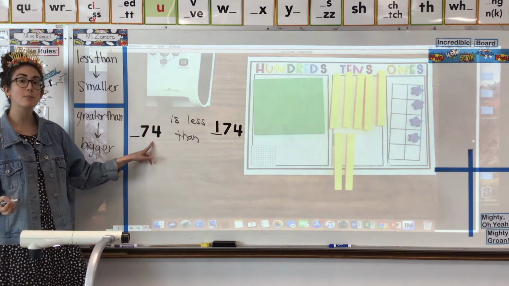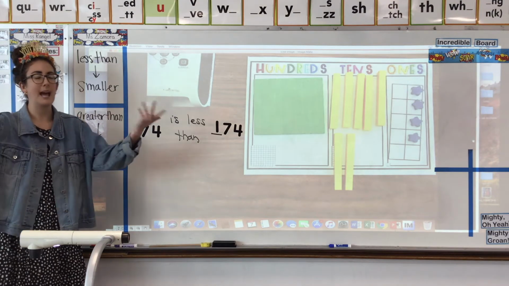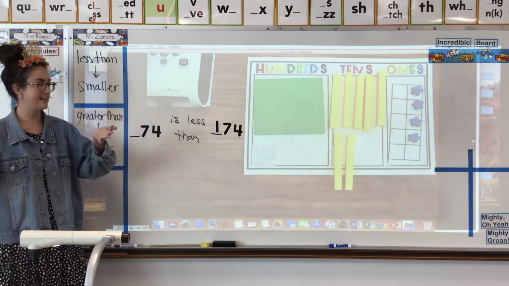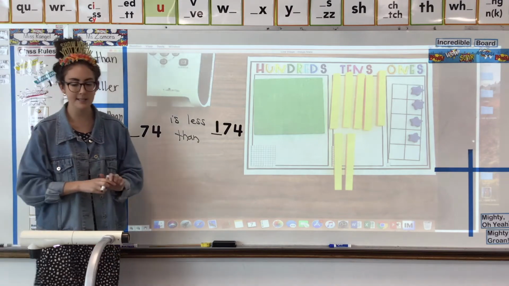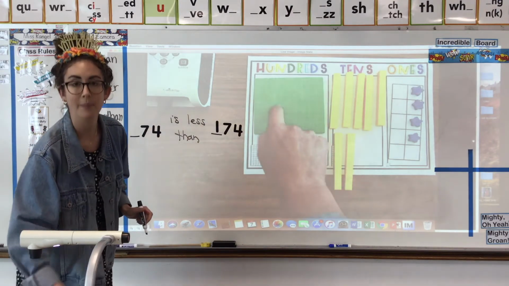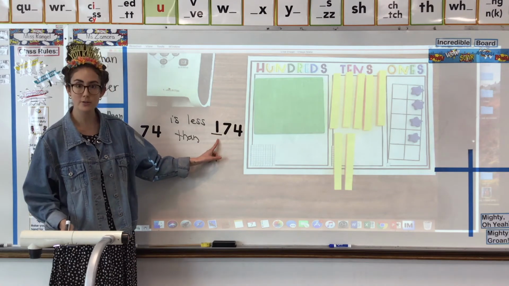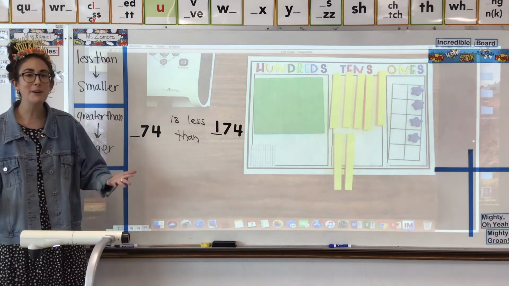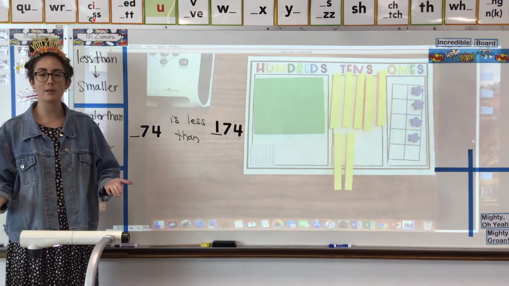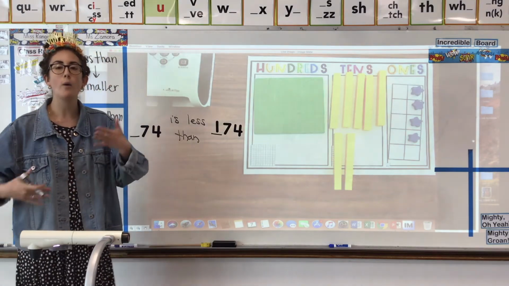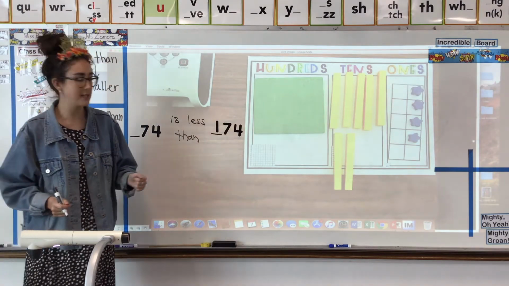74 is the smaller number. And because, why is that? Because there's an extra 100. So when we're describing and comparing, second grade, we always want to talk about why we know this is correct.